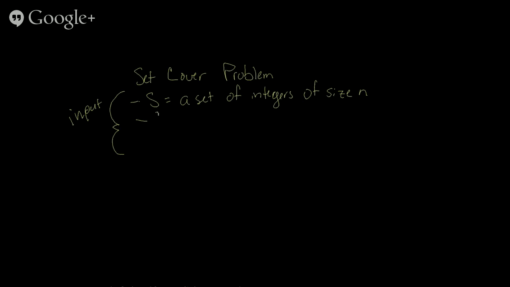You're going to want your candidate solution. Basically, this is just going to be a list of subsets from your subsets F. So this is just going to be a list of subsets from F.